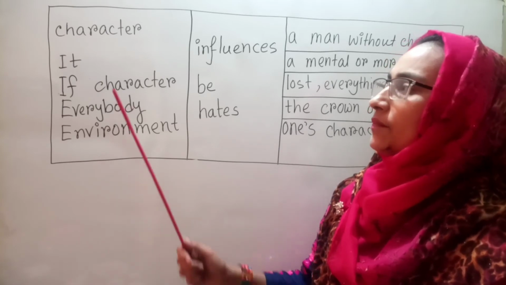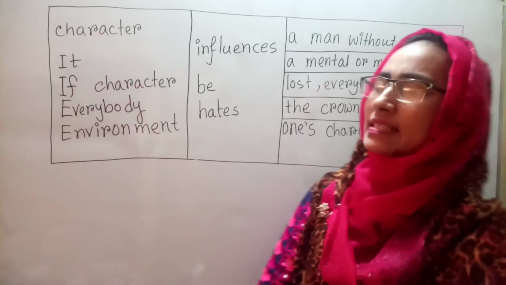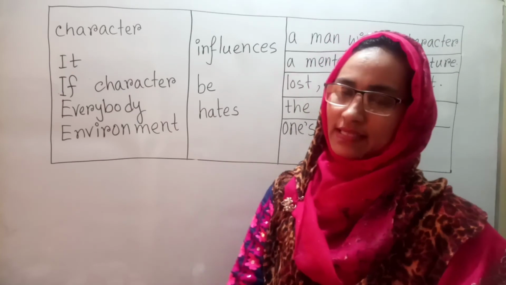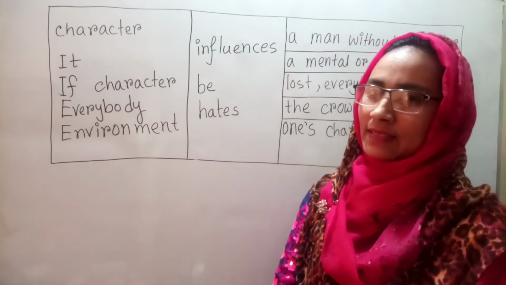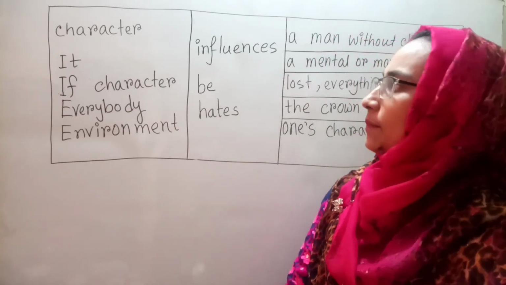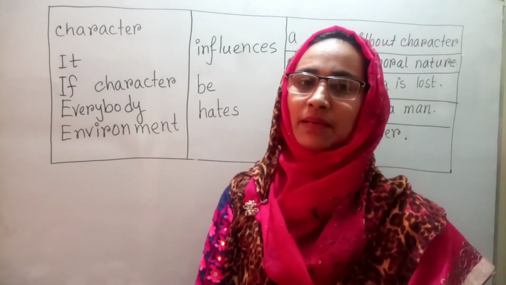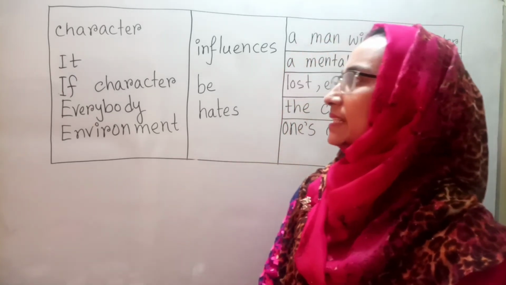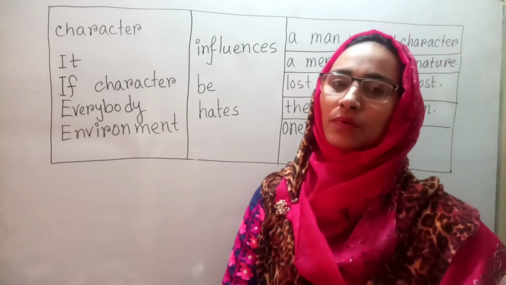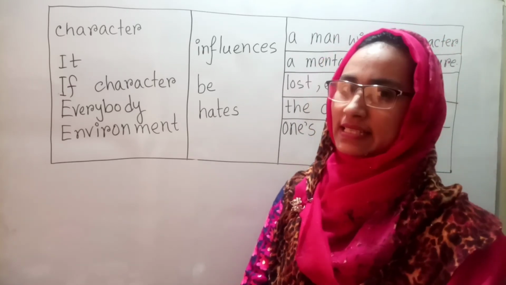And for 5 sentences, you will get 5 marks. So now, we will make these 5 sentences from the substitution table. Here I have selected a table from Barishal Board 2016.